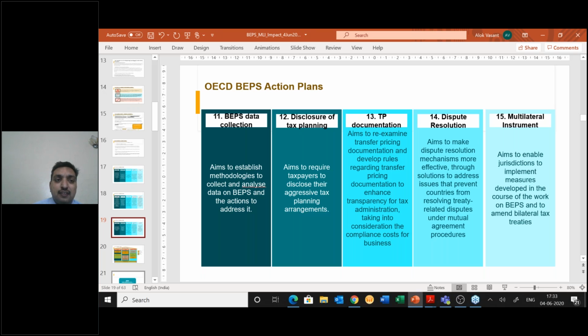So that's the way a multilateral instrument was devised, and that has now gained significance on account of the fact that these multilateral instruments are now effective for India as well, and close to 28 or 29 countries with which India has tax treaties, there, the tax treaties now stand amended with effect from 1st April 2020 on account of the provisions in this MLI.